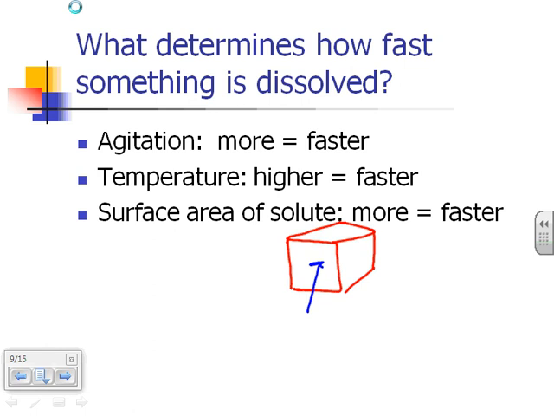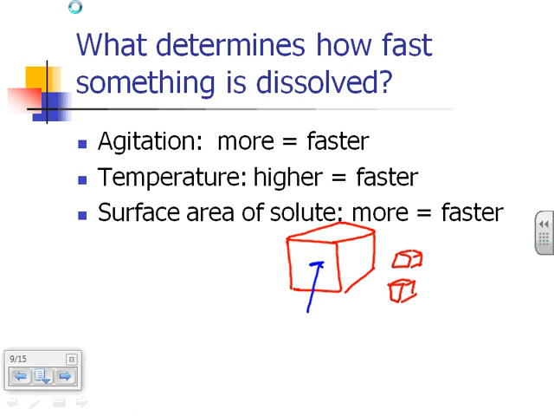So the smaller the material, the more surface area you have. A whole bunch of small little sugar crystals are going to dissolve a lot faster than one big one. The greater the surface area, the faster it will dissolve.